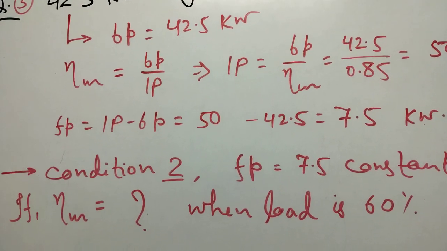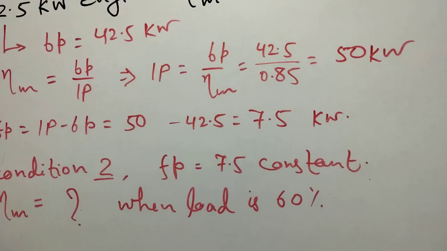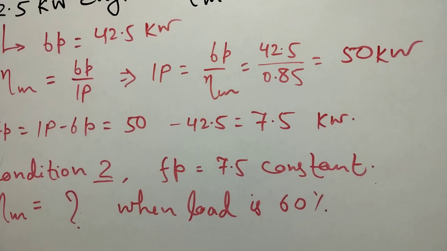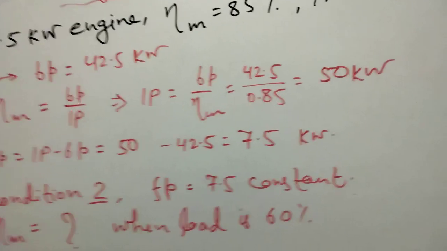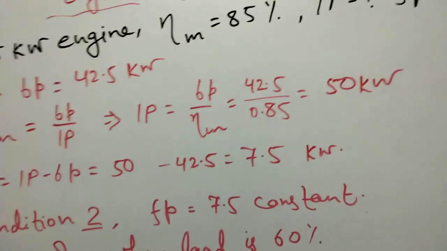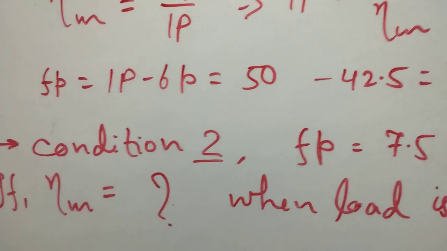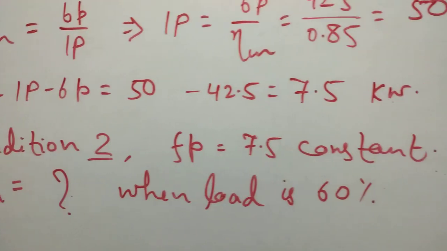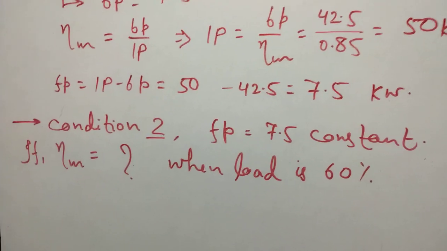Then Bp by Ip, rearranging the equation, Ip equals Bp divided by eta m, the mechanical efficiency, and we put the values, and Ip is 50 kilowatt. Now we find the frictional power, Fp equal to Ip minus Bp, then 50 minus 42.5, that is 7.5 kilowatt.